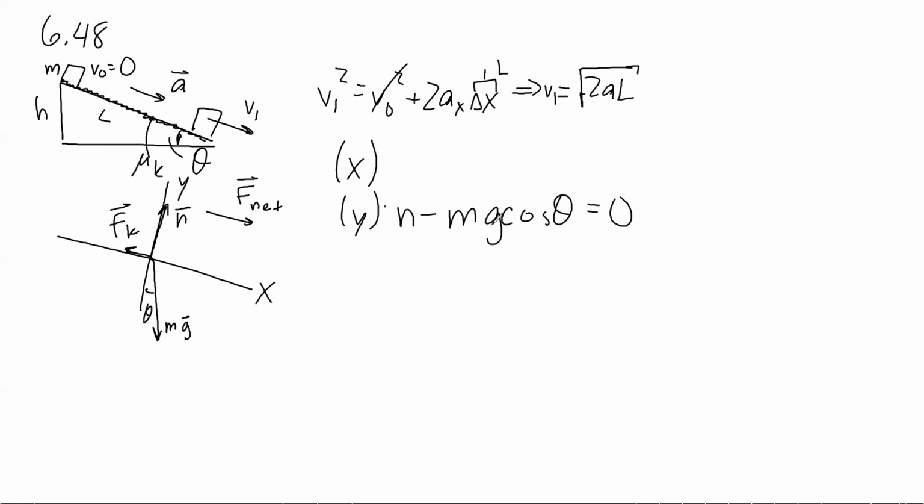In the x direction, and follow me here, it's going to be plus mg sine of theta minus the kinetic friction force. That's going to equal plus m times a.